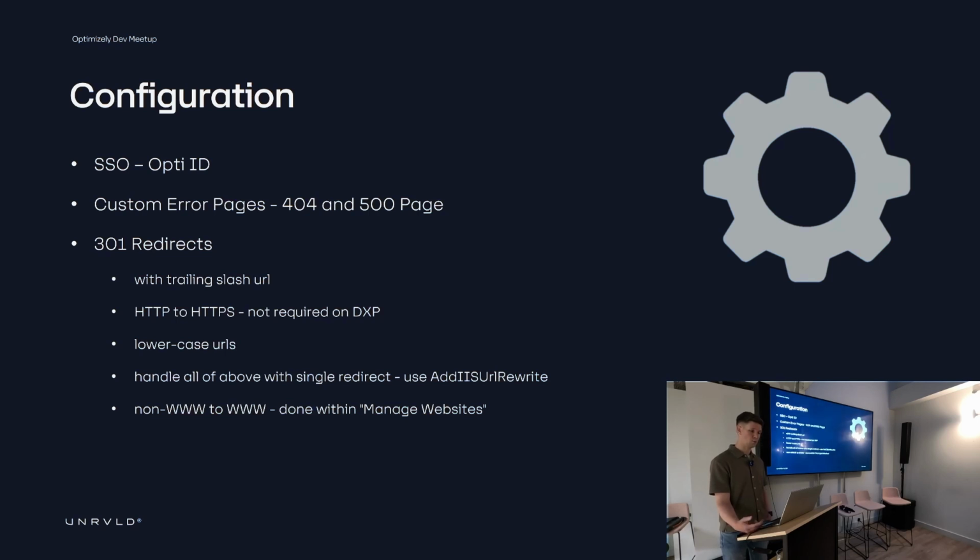The only way I believe you can do that is to use the IIS URL rewrite middleware, and we've been utilizing that in our projects recently. Then non-www to www redirect, or vice versa, depending on your requirements. I think typically it should be handled within managed websites, to ensure there's no impact should you want to add further websites that sit on a non-www subdomain in the future.